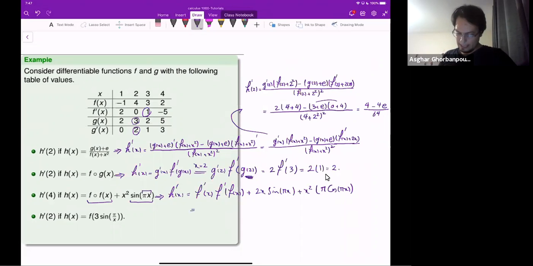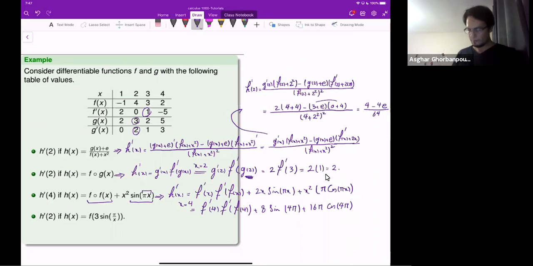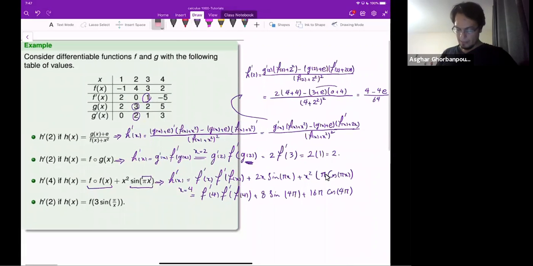And now let x be 4. So we are looking at f prime at 4 times f prime at f of 4, plus 2 times 4, which is 8, times sine of 4 pi, plus 4 squared, which is 16, pi cosine of 4 pi. And from here, f prime at 4 is negative 5.